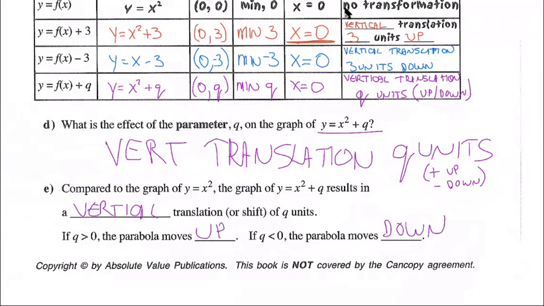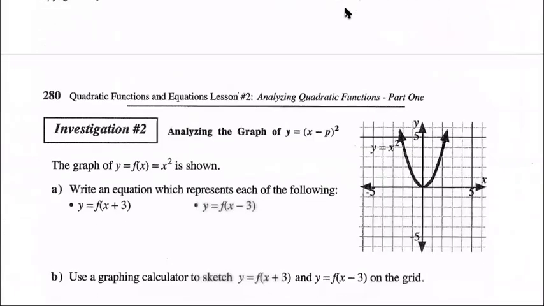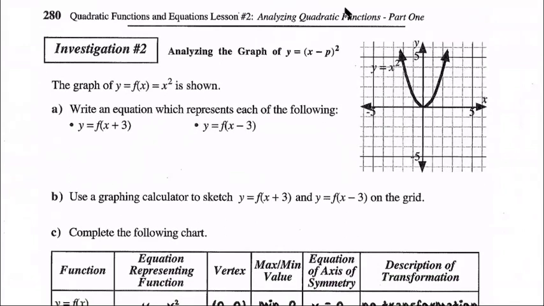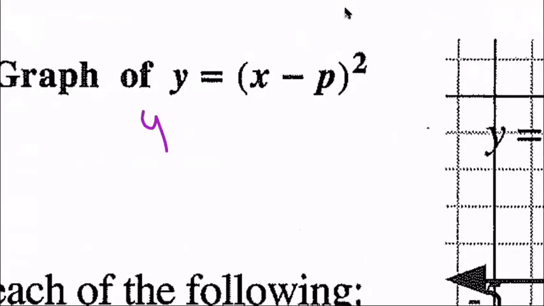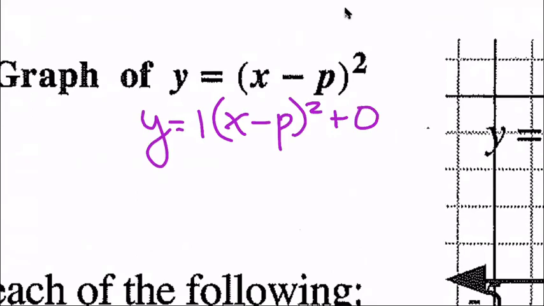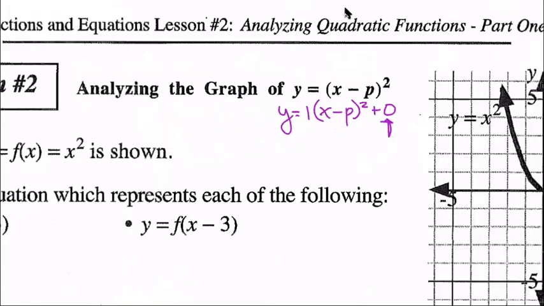Over the page, investigation number 2. Analyzing the graph of y equals (x minus p) squared. Really, again, this is y equals 1 times (x minus p) squared plus 0. So remember, this is not going to move up or down because it's not getting any kind of vertical translation.